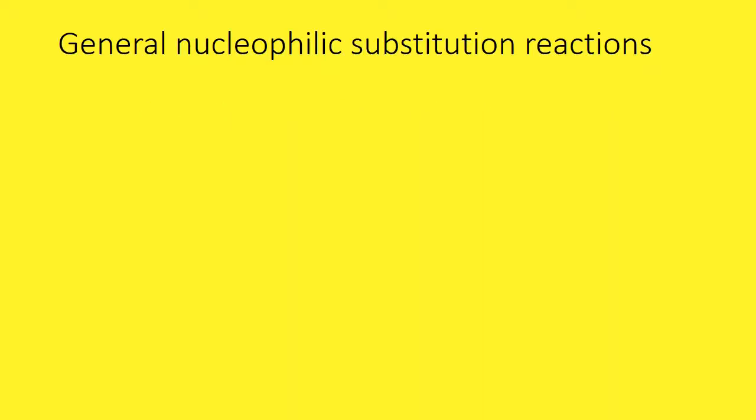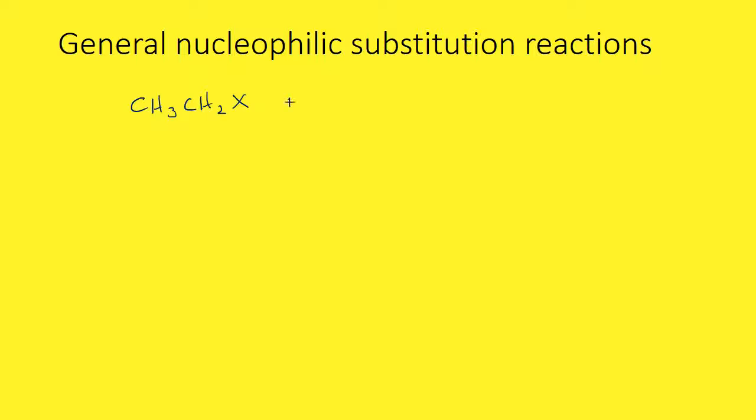So let's have a look at this general reaction mechanism for nucleophilic substitution reactions. So we can start off with a generic halogenoalkane. So the alkane part is going to be CH3CH2, and the halogen we're going to denote by X, so it could be fluorine, chlorine, bromine or iodine.